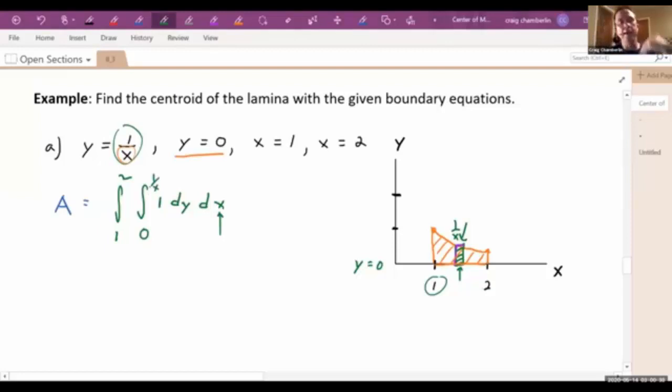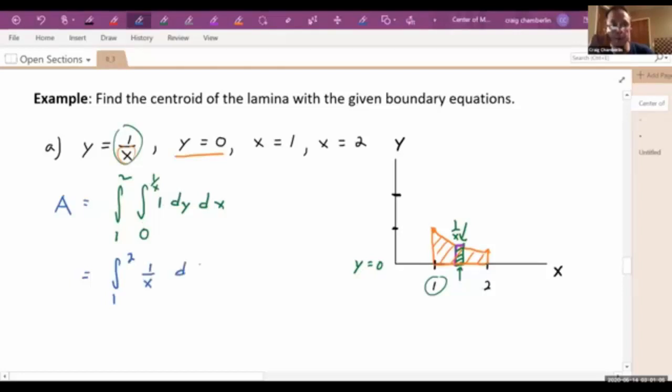You would say this as the integral from 1 to 2 of the integral from 0 to 1 over x of dy dx. I don't even think you need to evaluate it to realize that the inner integral is just going to be 1 over x minus 0, which is just 1 over x.